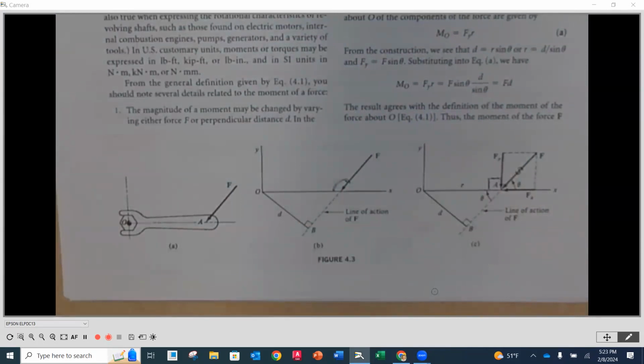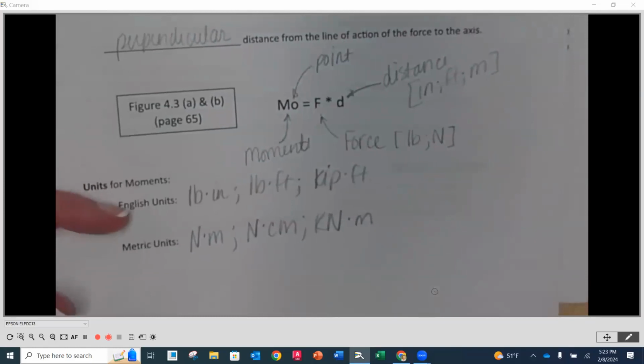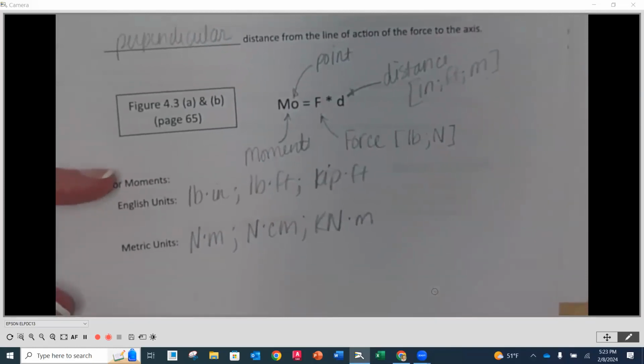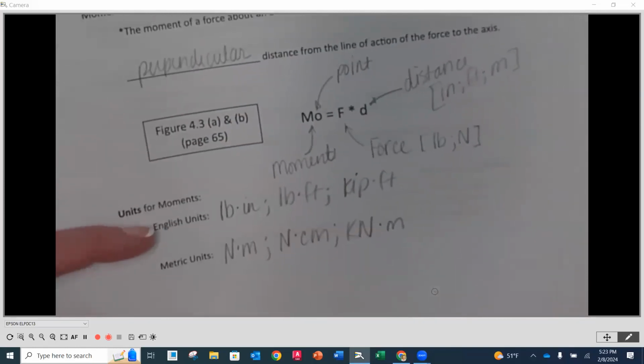Now, there's one reason why I don't like this example, because when we talk about tightening with a wrench, what is the term we usually say? Torque. And you're going to notice that the equation for torque is force times distance as well. And yes, it is related, but it's not the same.